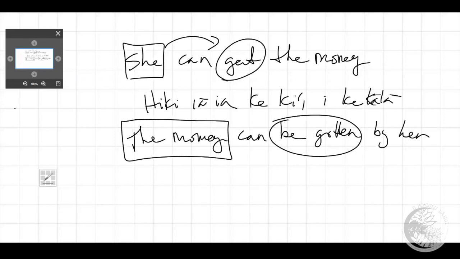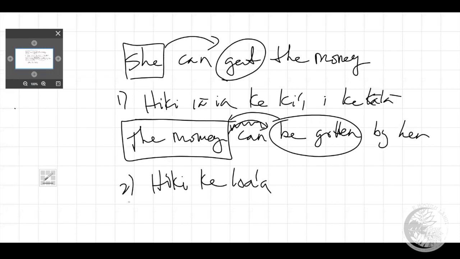And the word for to be gotten, of course, is the word loaʻa. So whenever you use loaʻa with the sense of hiki, it basically always follows this same formula, which would be hiki, again, ke loaʻa, right? Can be gotten. What can be gotten? It's not that the money is performing, but in fact, it's the money that is being gotten. Therefore, we know this is the second.